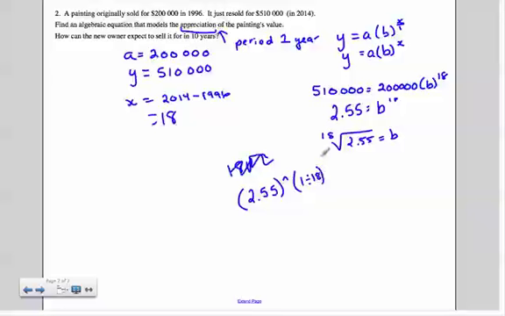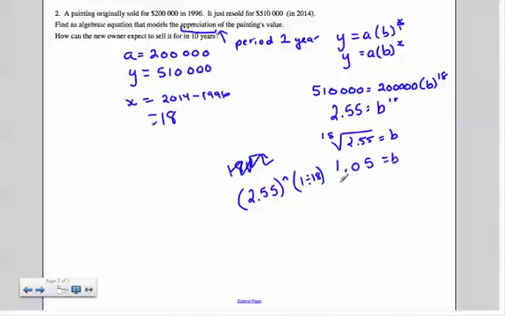Because remember, our law for exponents says if you have a fractional exponent, 1 on top, 18 on the bottom, that's the same as the 18th root. So in my calculator, I'm going to go 2.55 to the exponent, bracket 1 divided by 18, and I get 1.05338, but I'm going to leave it at that.